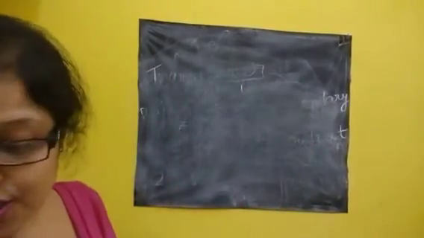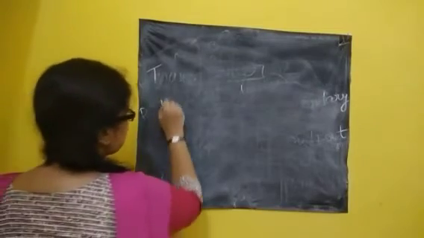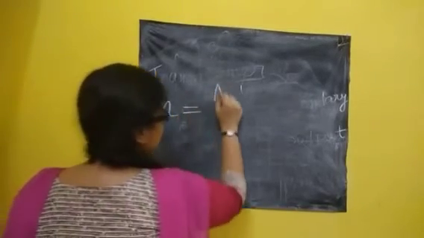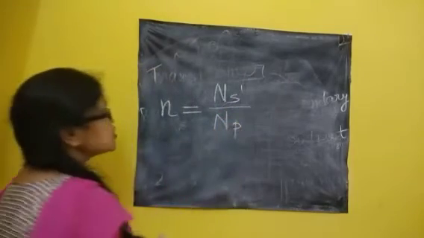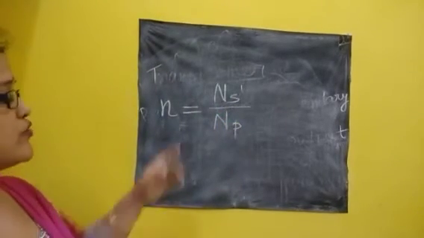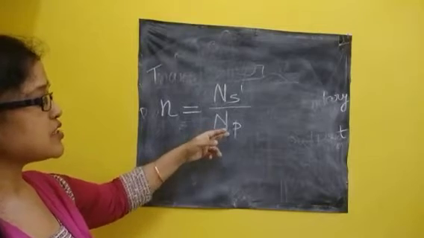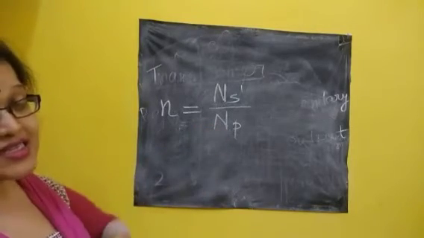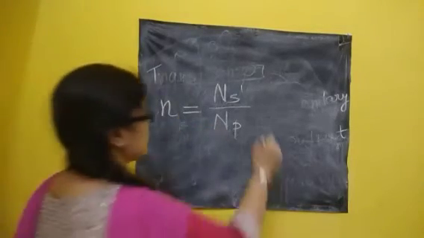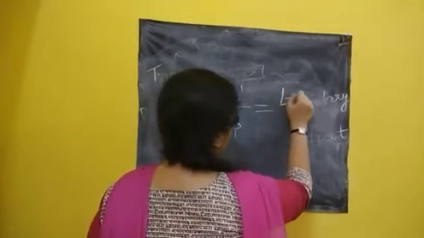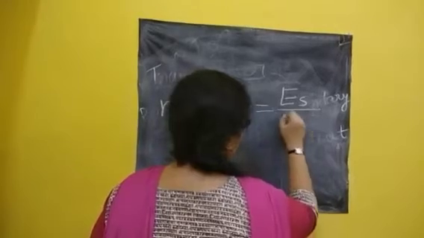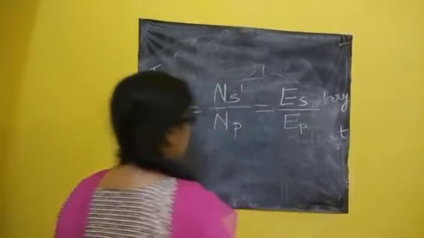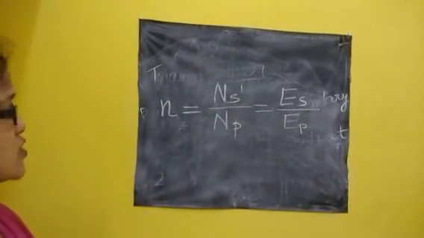Turns ratio is the ratio Ns by Np, means the number of turns in the secondary coil with respect to the number of turns in the primary coil. It is seen that it is also equal to the EMF we are getting in secondary with respect to the EMF provided in primary. So this is called the transformer ratio.